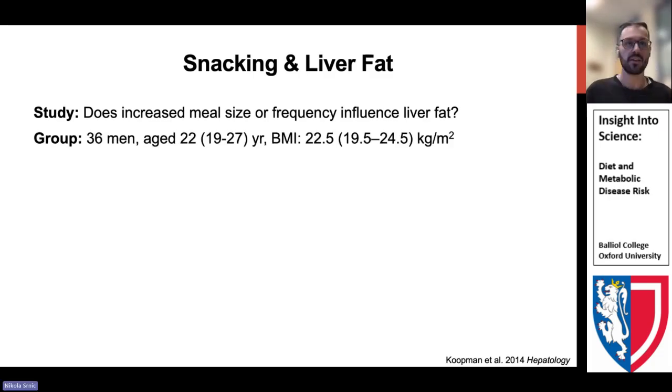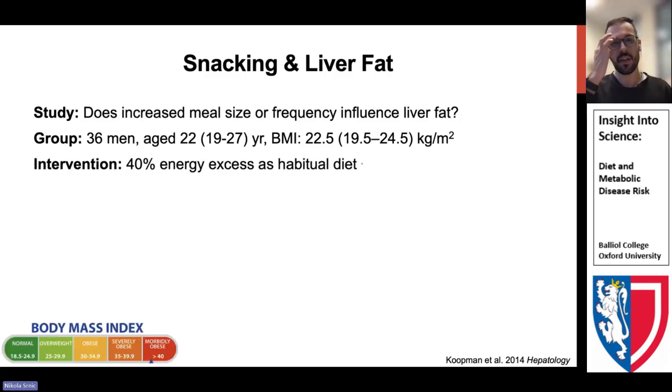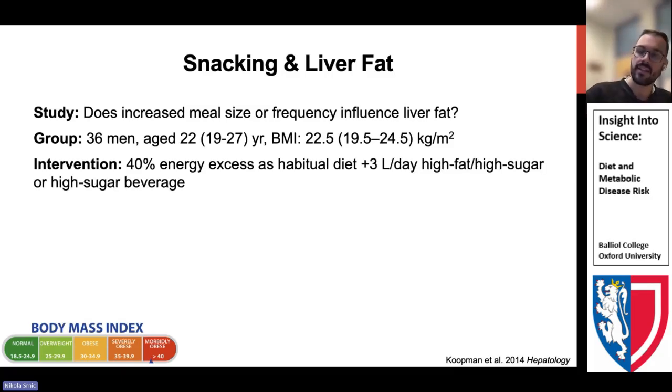And what they did is they looked at 36 men with an average age of 22 and BMI of about 22.5. So quite young, quite healthy. And what they got them to do is to eat about 40% extra calories. And they gave them this extra 40% of calories as 3 liters of a drink that was either high fat, high sugar, or just high sugar.